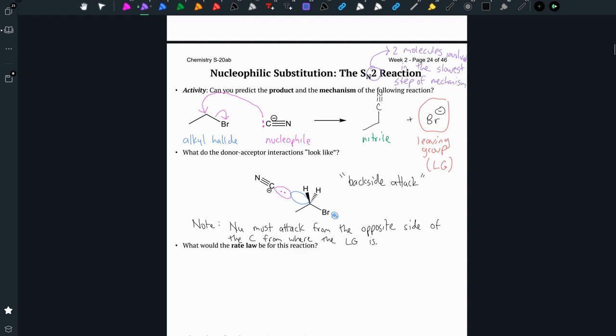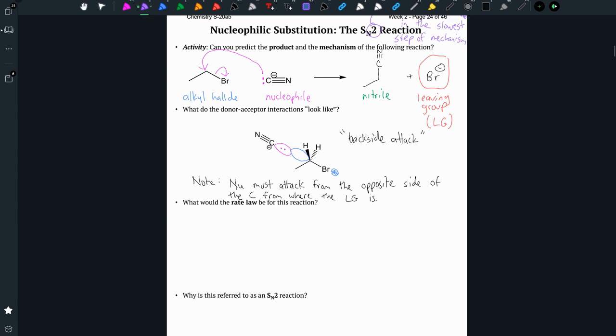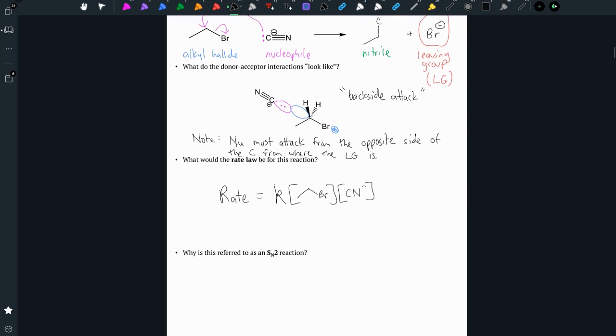So our reaction mechanism in this case is just a single step, and there are 2 molecules involved. The way that manifests itself, if you have had AP chemistry, you might recognize this. Our rate law would be rate equals a constant times the concentration of the alkyl halide times the concentration of the nucleophile. So the 2 is because this is considered a second order overall reaction, and that's why it's named that way.